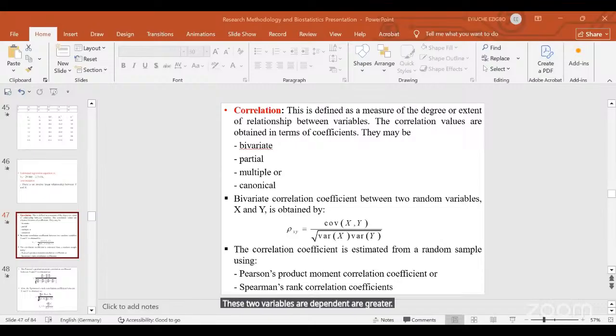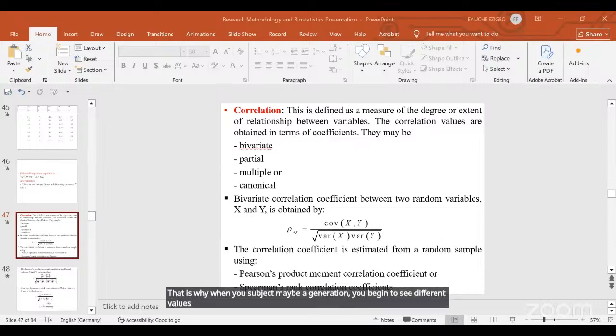The question correlation answers is what? To what extent are they related? That's what we use correlation analysis to discuss. So that is why when you subject a work to correlation, you begin to see different values.